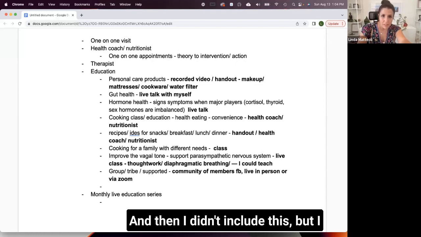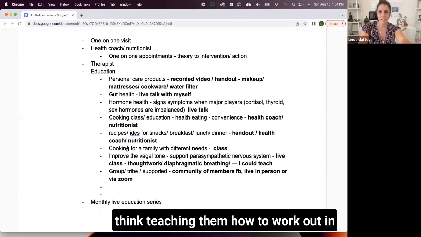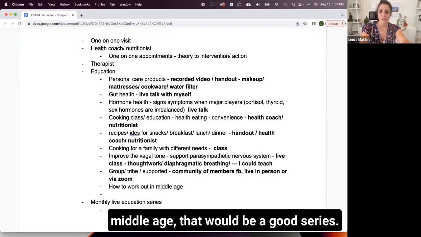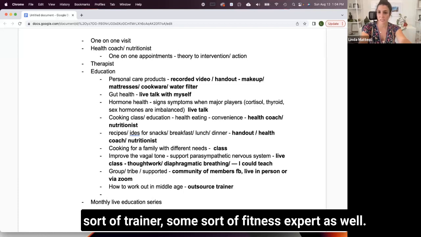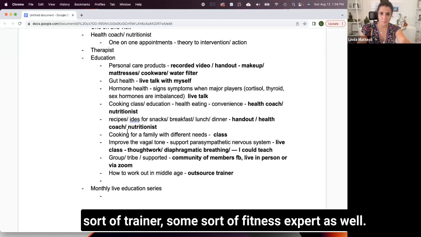And then I forgot to include this, but I think teaching them how to work out in middle age, that would be a good series. And I would like to probably outsource that to some sort of trainer, some sort of fitness expert as well.